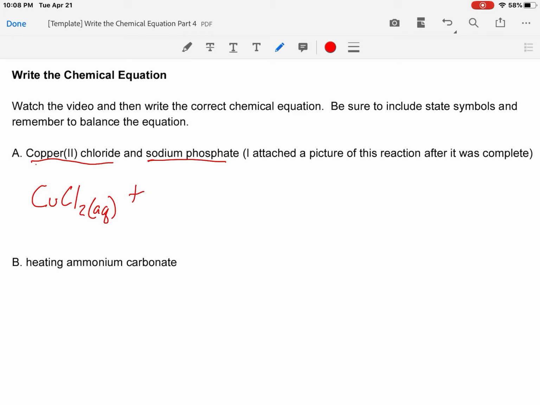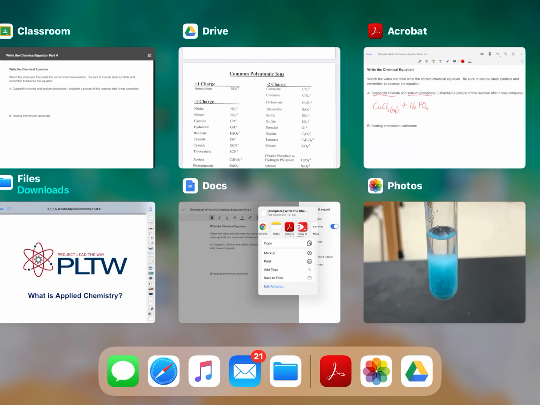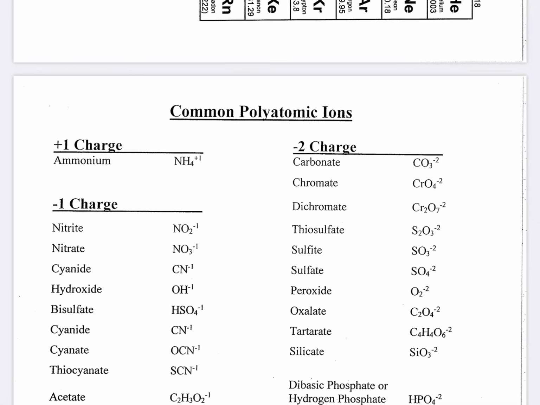Our other reactant, of course, is sodium phosphate. Sodium's in the first column, so it's a +1. Phosphate is PO4. In fact, let's just take a look at phosphate on our polyatomic ion list.